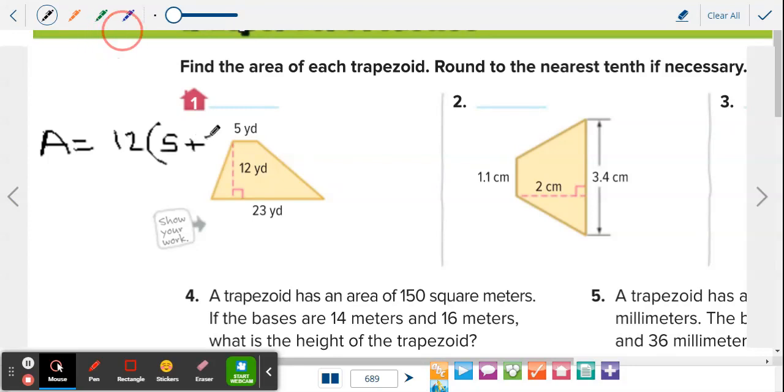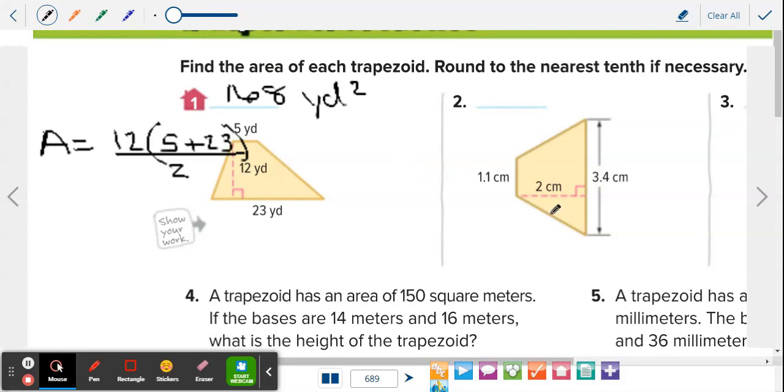What's base 2? 23. So do 5 plus 23 times 12, and then divide it by 2. And you get 168 yards squared. So follow in steps. Do the addition, multiplication, division.